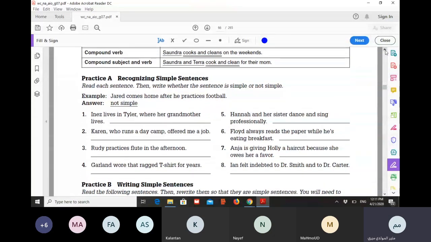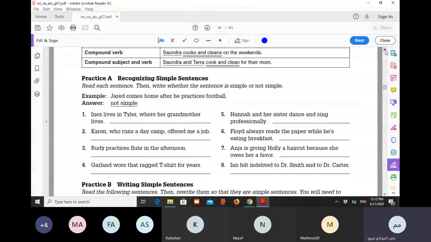Here it says, read each sentence, then write whether the sentence is simple or not simple. I told you that whenever you find only a main clause and you cannot omit any part from the sentence, the sentence is a simple one. It means that it has only one main clause, a subject and a verb, and it does not have any subordinating conjunction.